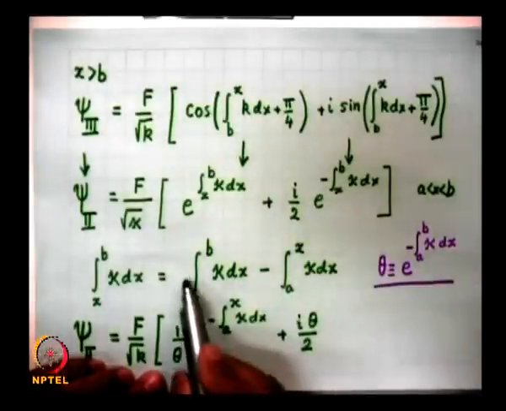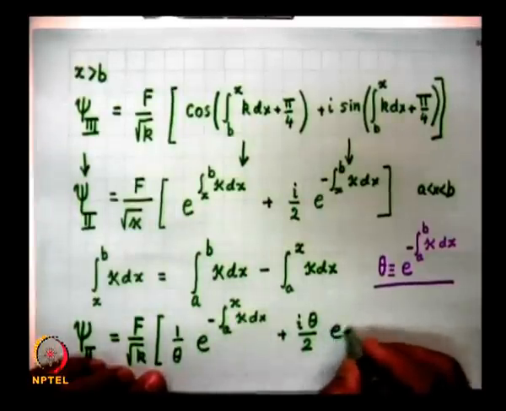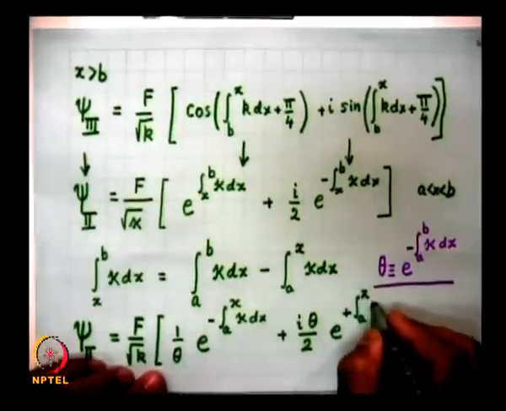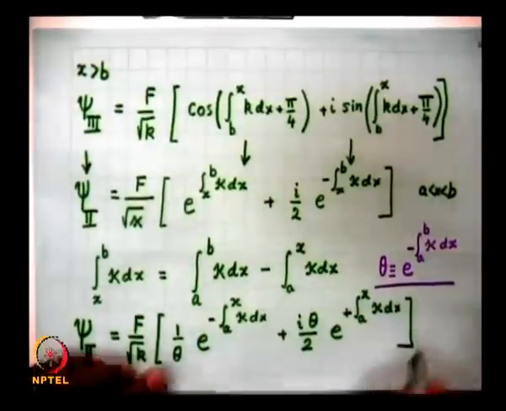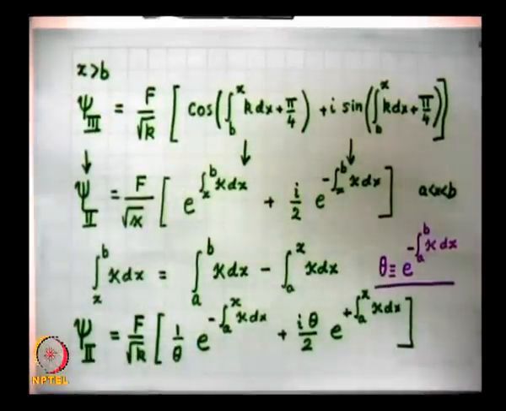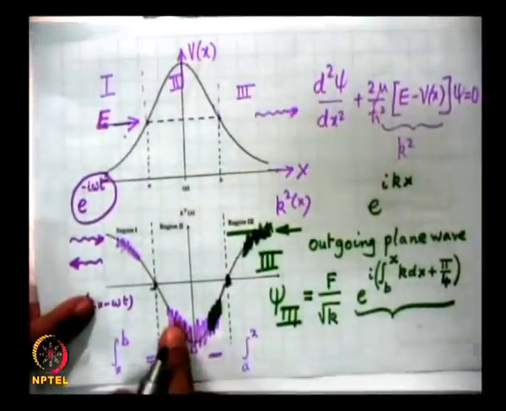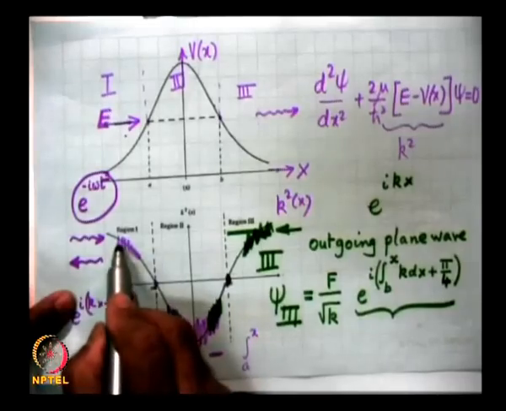So, this will be e to the power of minus integral a to b kappa dx, and then e to the power of plus integral a to x kappa dx. Now, therefore, we have the exponential solutions to the right, the oscillatory solutions are to the left.